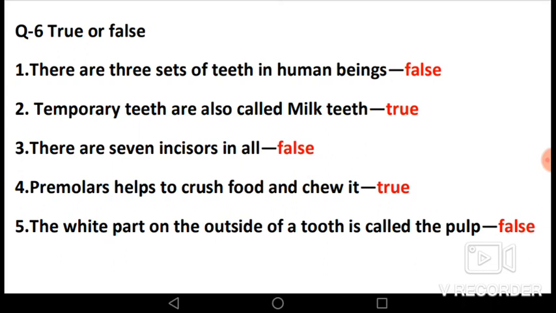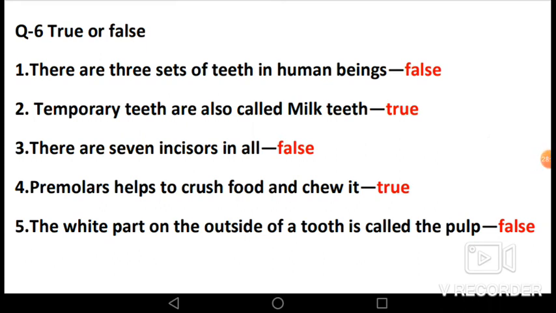Now third statement, there are 7 incisors in all. This statement is false because there are 8 incisors in all, not 7. From those 8 teeth, 4 in each jaw, means upper jaw and bottom jaw.